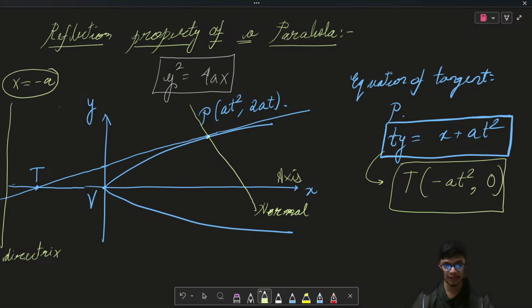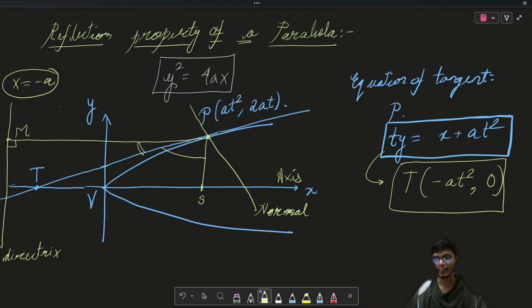Okay, so from point P, if I drop a perpendicular on this directrix, it is going to be some perpendicular, and let us say this particular foot is M, right? And if I draw a focal chord, like PS, what I'm trying to say is that this tangent at point P actually bisects this angle.